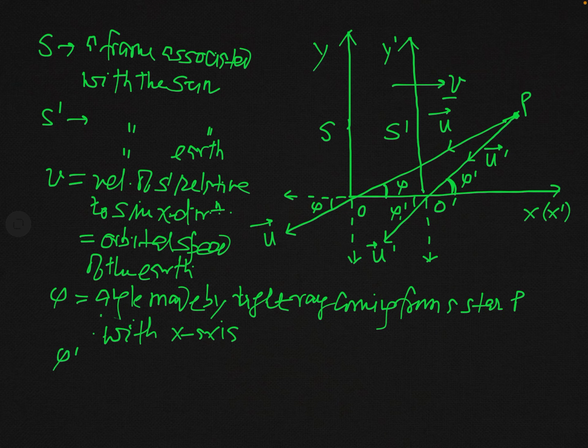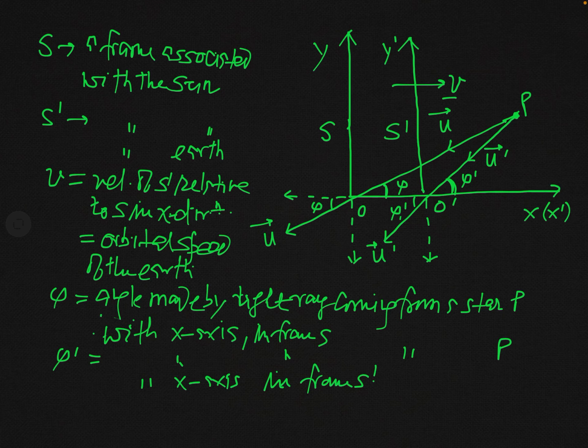And similarly, phi prime is actually the angle made by the light ray coming from the star P with the x-axis. This is in frame S and this is in frame S prime.